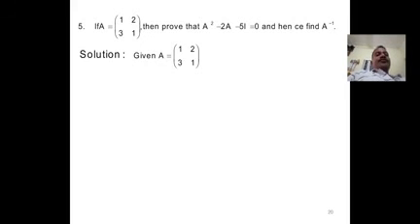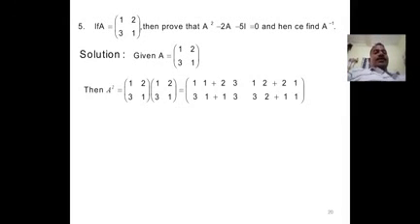For proving A square minus 2A minus 5I equal to 0, we need A square. A square is A into A, that is 1 2 3 1 into 1 2 3 1, that is 1 into 1 plus 2 into 3, 1 into 2 plus 2 into 1, 3 into 1 plus 1 into 3, 3 into 2 plus 1 into 1.